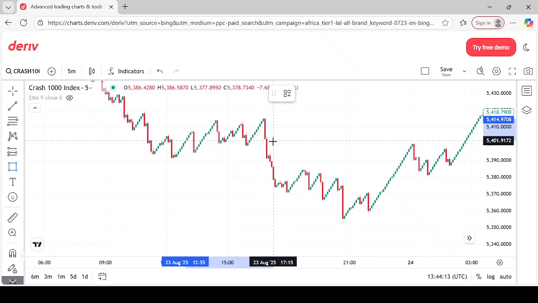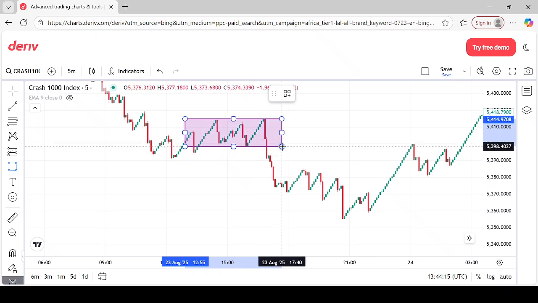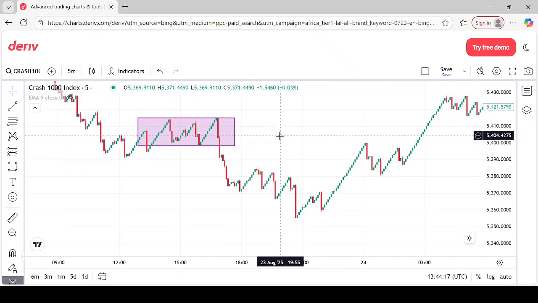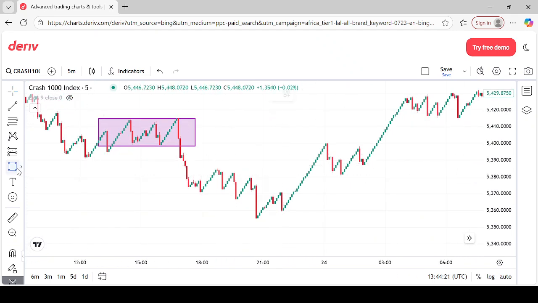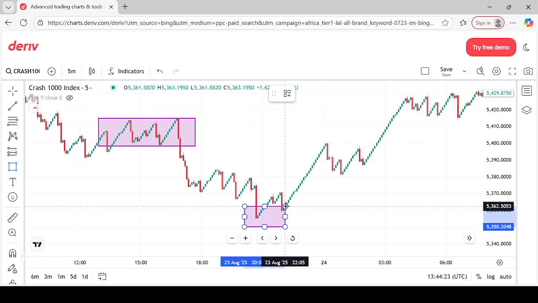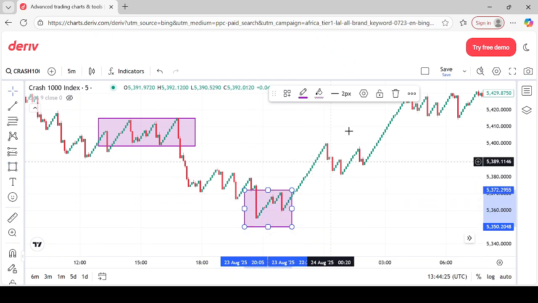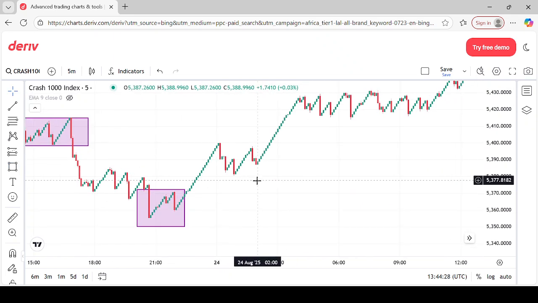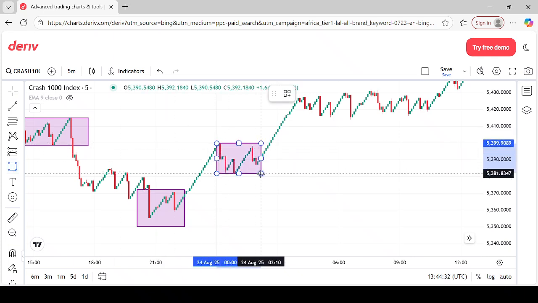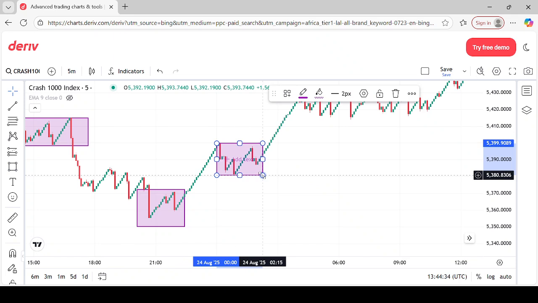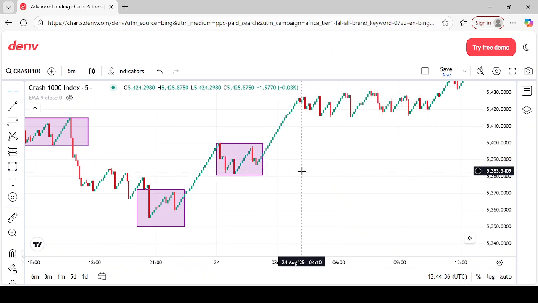As you can see, there is a little bit of consolidation in this area. The next thing, we crashed to the downside. If you look at this, there's a little bit of consolidation at this area. Before you know it, we boomed to the upside. So this strategy is basically just looking out for a little consolidation, then a breakout to either the upside or the downside. This is basically what the strategy is.